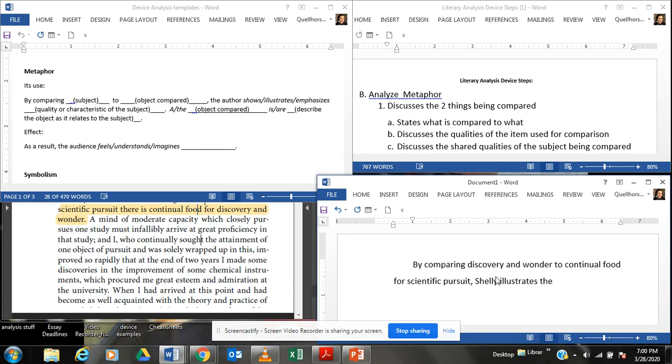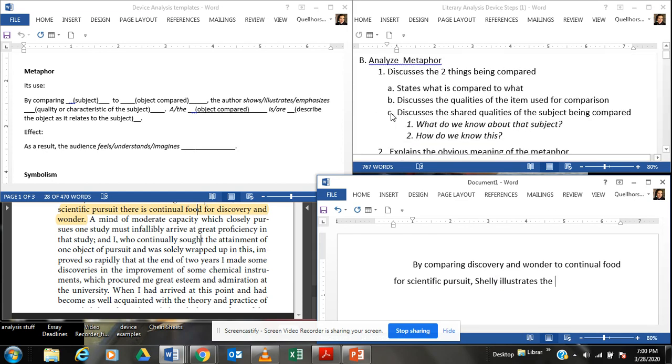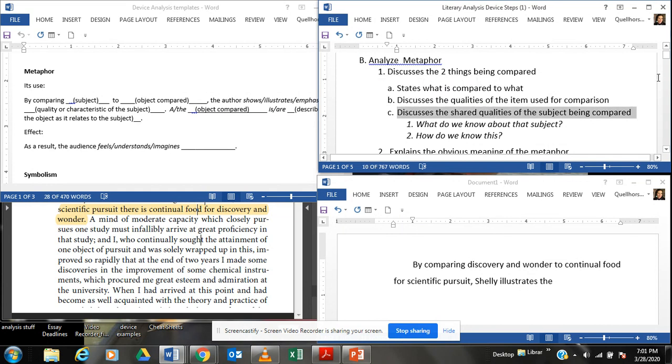What are the qualities of the item used for comparison? Let's see, continual food. Well, you need it to live. And let's see, if I look here at the shared qualities, okay, shared qualities. You need to eat food to live and to keep living. Okay, and you need discovery and wonder to keep pursuing science.